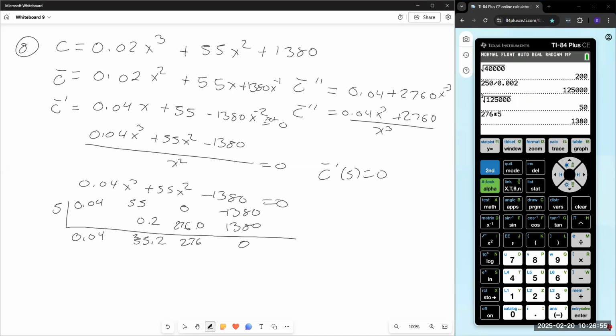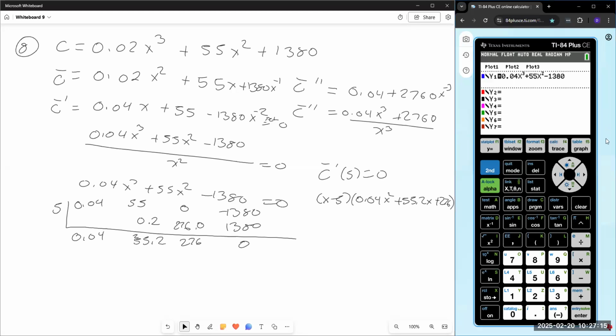So that tells me that I have x minus 5 times 0.04x squared plus 55.2x plus 276. Let's go ahead and look at that function and see if it has any zeros that I'm interested in.